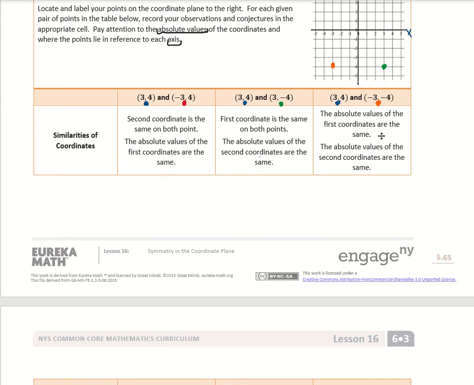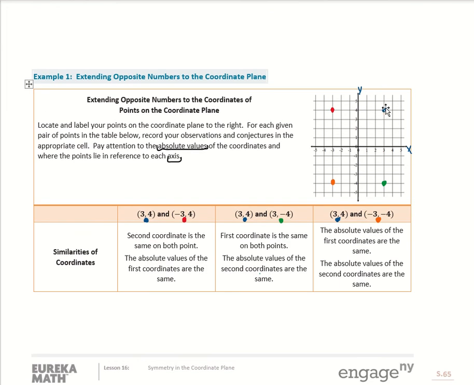So I can reflect this blue point over the x-axis and then over the y-axis to get my orange point. Or if I don't want to reflect over the x-axis first, I can reflect over the y-axis and then over the x-axis, and I'm still going to land on that same point. It doesn't matter which one I reflect over first. I'm still going to get to the same point.